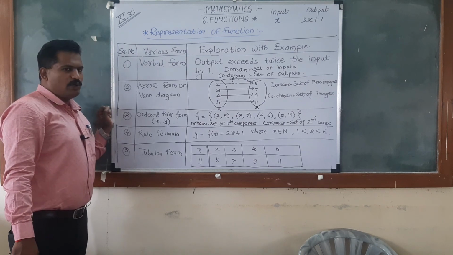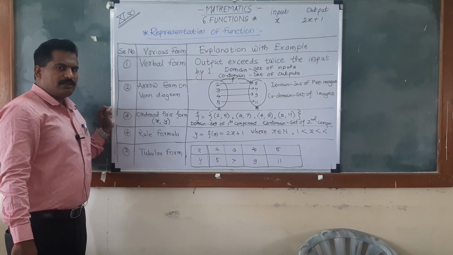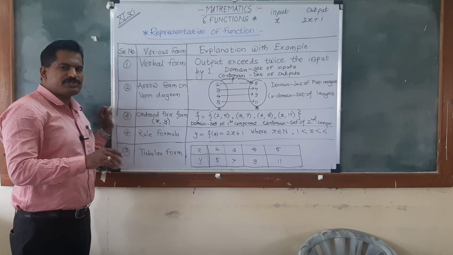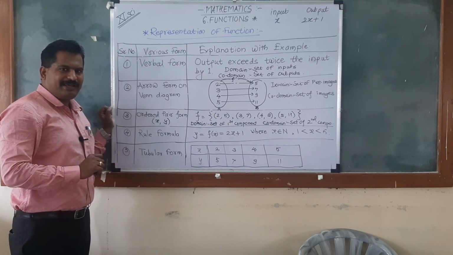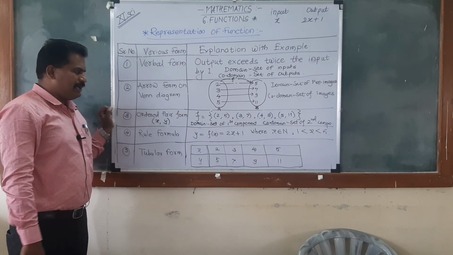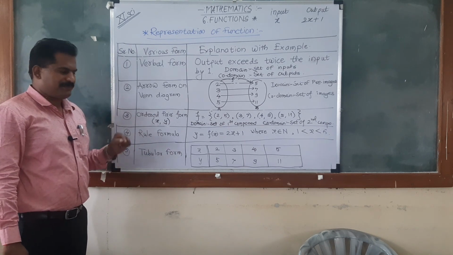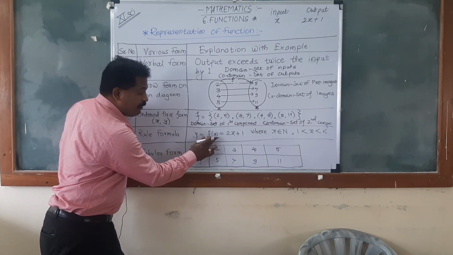Fourth, it is the rule or formula form. In sets we can use roster form; here we can use a formula. This formula defines the function. Here y, the second component, is equal to f of x.